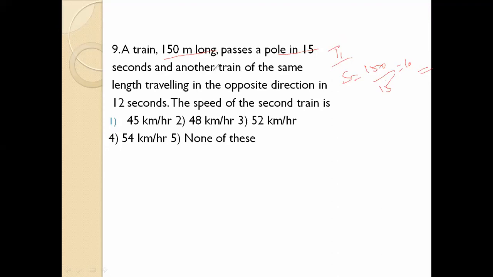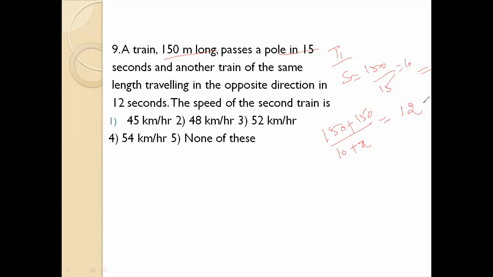Now the first train crosses the second train in the opposite direction. The length of train 1 equals the length of train 2, the same length. So 150 plus 150 is the distance. In the opposite direction means sum of the speeds. This speed is 10 meters per second plus another train speed, which we don't know, that is x. In how many seconds do they cross?